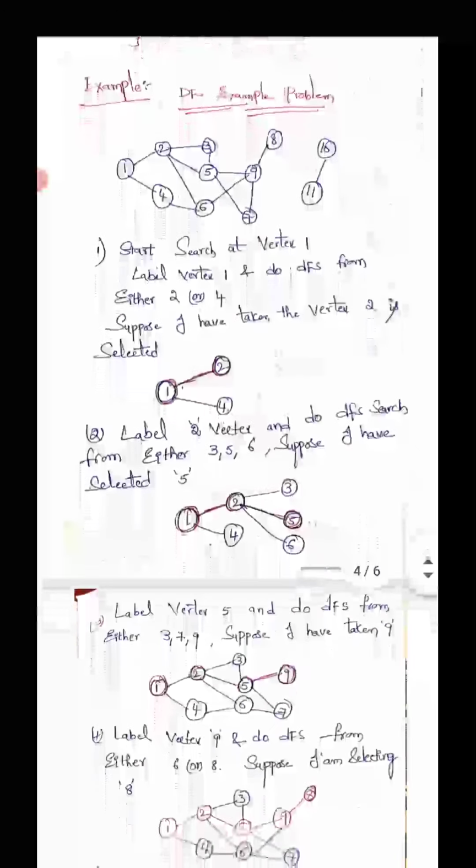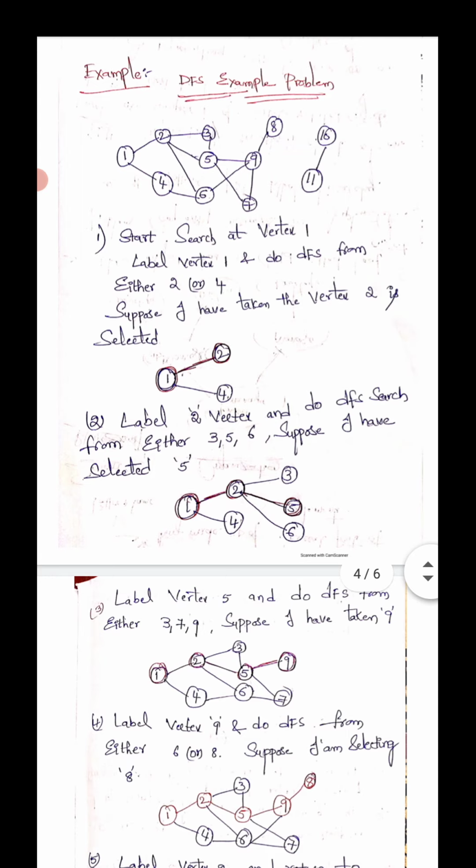Now we move to the example of depth first search. This is a connected graph example problem. First point, start the search at vertex 1. Label vertex 1 and do depth first search from either 2 or 4.